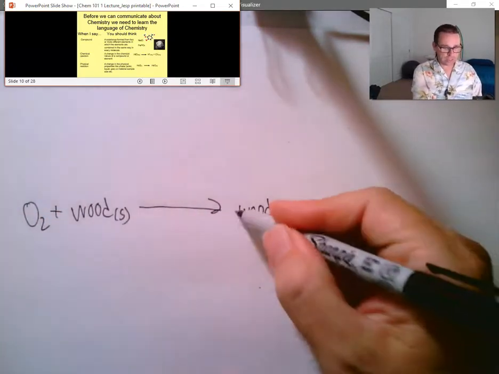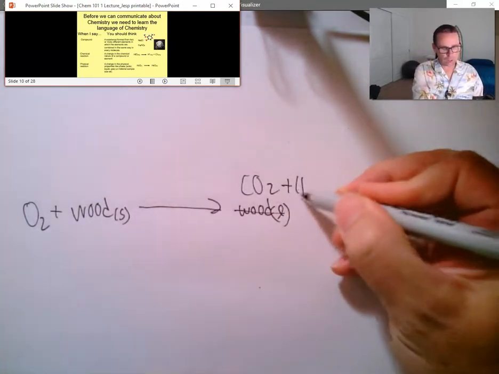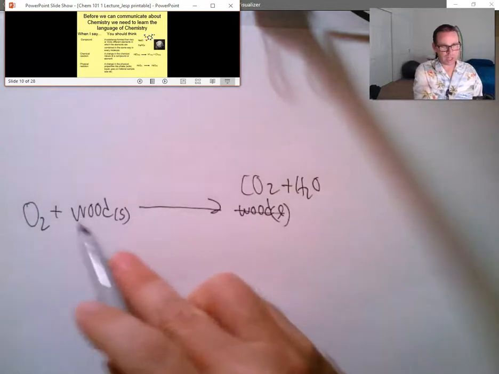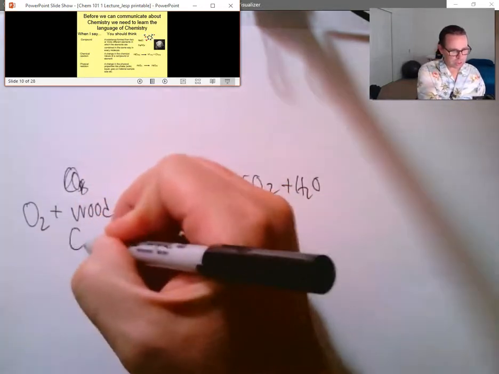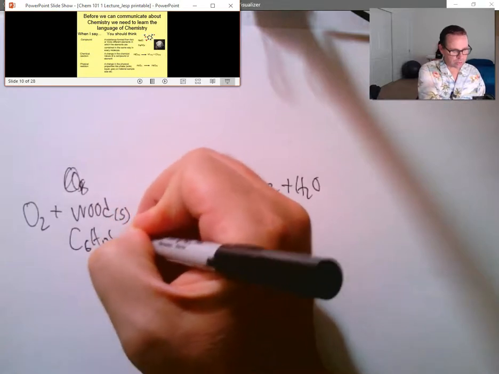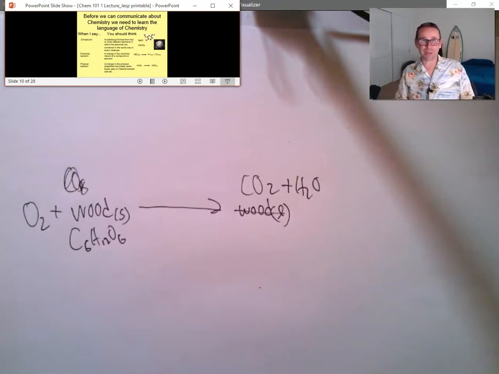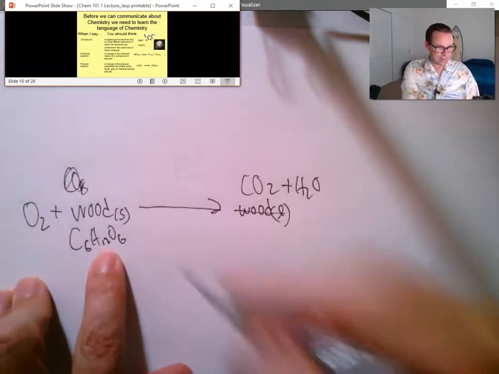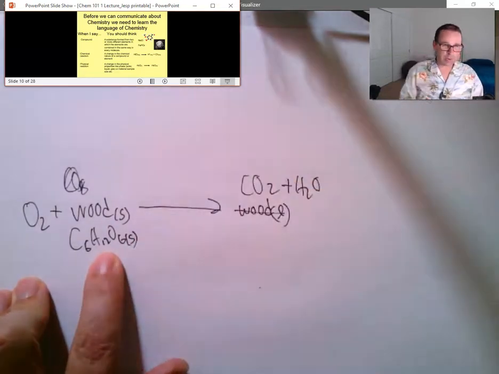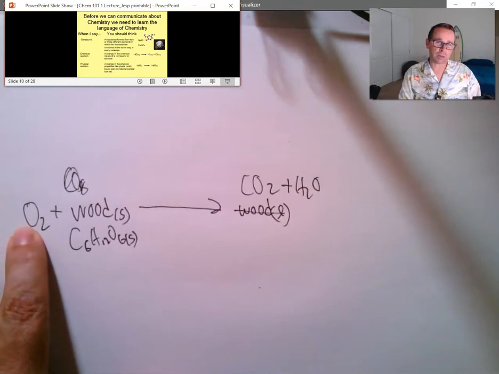And so you don't get liquid wood, but you get things like carbon dioxide and water being produced when you combine this. Wood is really C6H12O6, kind of a general chemical formula for what the material is that's in wood. So you won't get this solid becoming a liquid very easily because of the reactivity of the oxygen that's around.